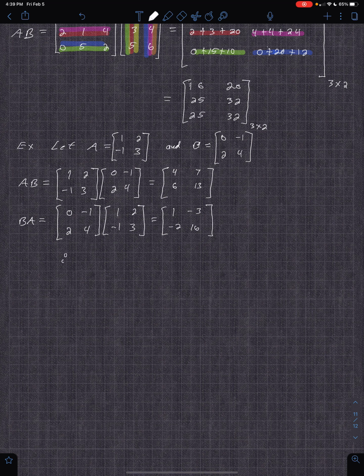You may conclude that therefore matrix multiplication, and technically it'd have to be square, otherwise it's kind of moot. Square matrix multiplication is not what? Is not commutative.